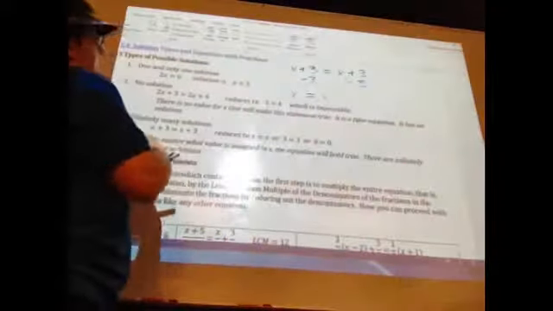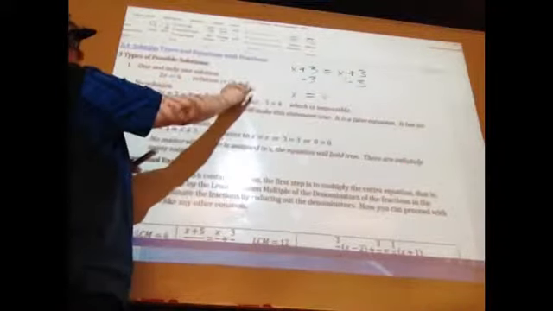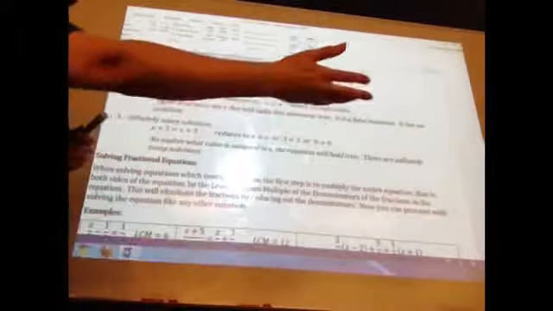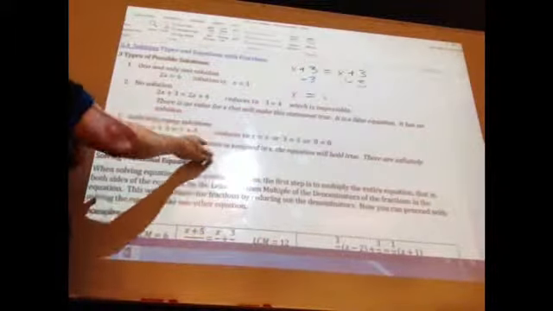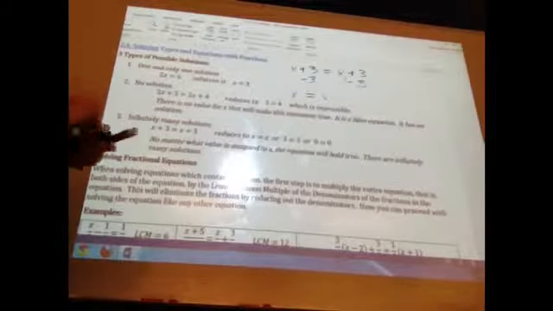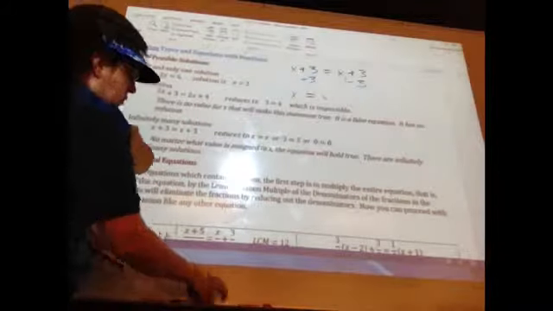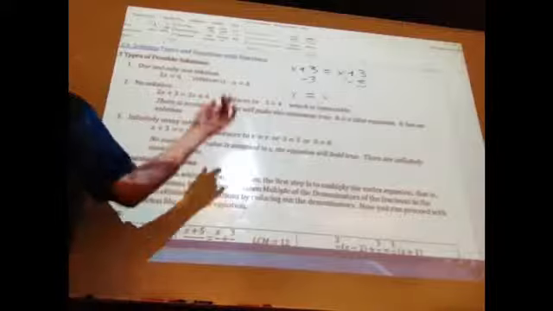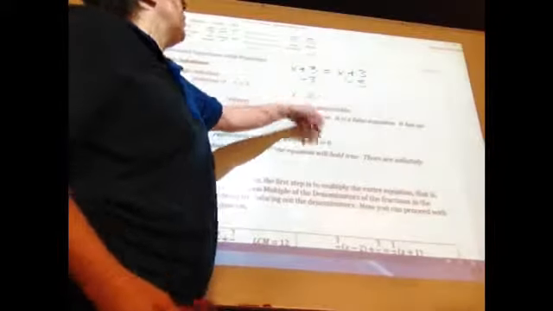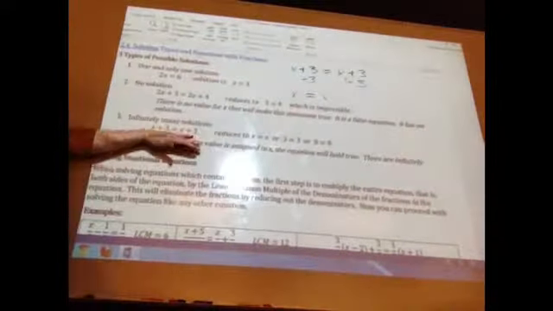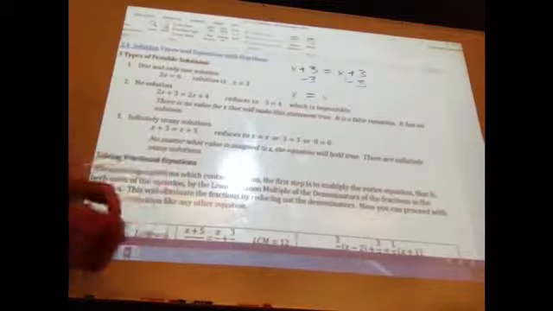So I get a true statement. In that case, I have infinitely many solutions. x can be anything. So x has an infinite number of solutions that will make that equation true.